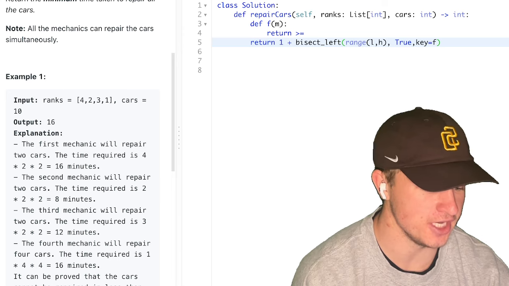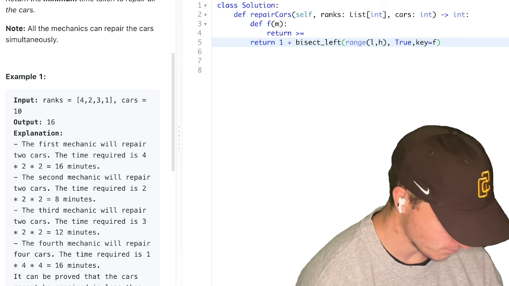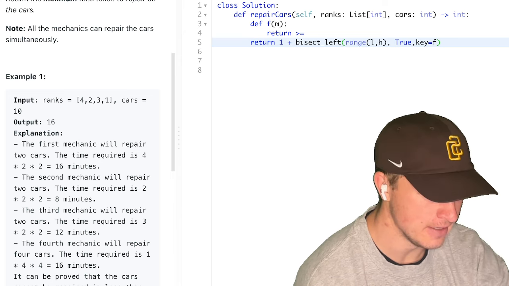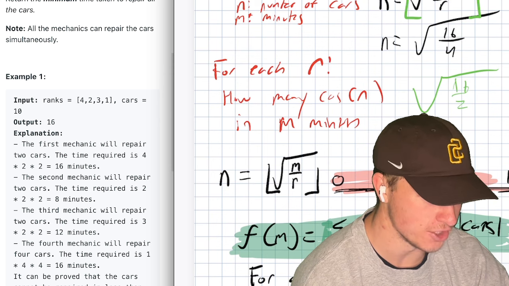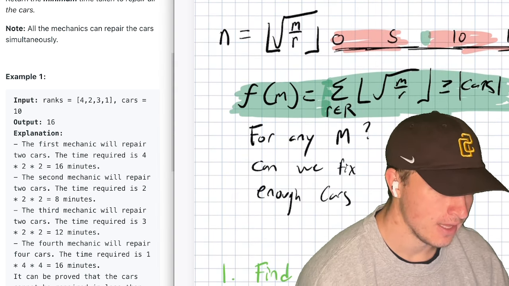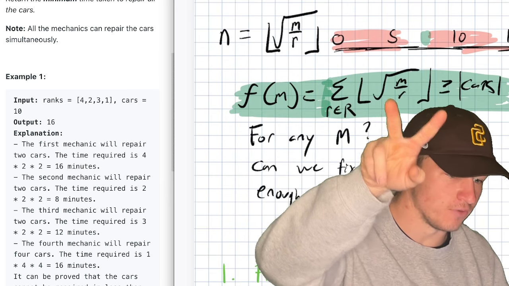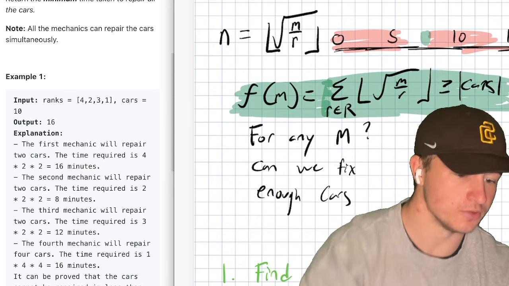This might look very weird to you, but I'm going to explain it in a moment. First, your function is the thing that you evaluate to true or false. So what was our function in this example? Our function was the sum of the floor divide of m divided by r, square root, is greater than or equal to cars.